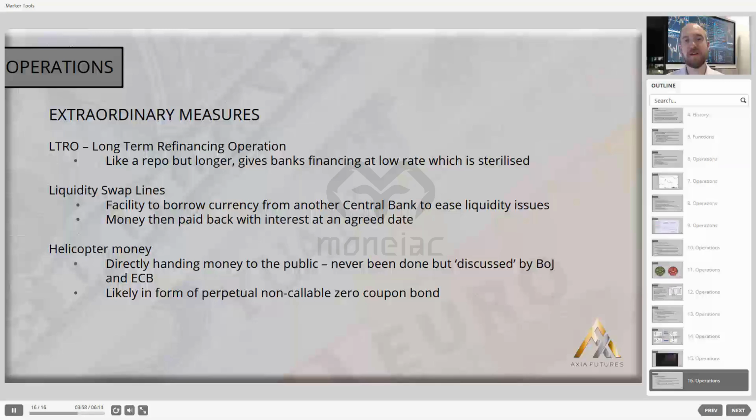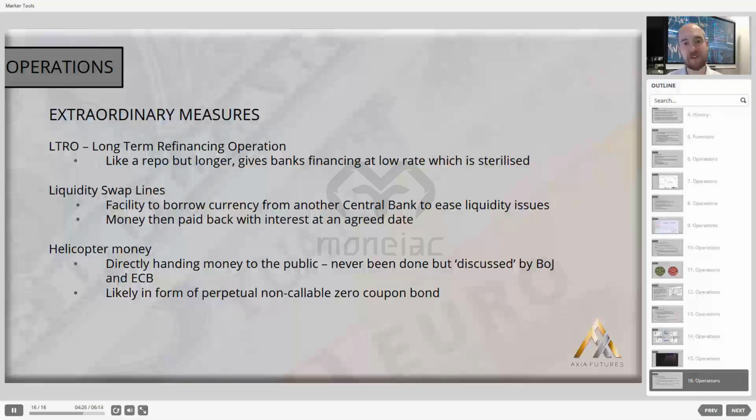So, let me explain this. Most bonds will have a maturity, i.e. a 10-year bond. This one will be perpetual, so it will not mature. It will be non-callable, meaning that the institution that creates the bond can't then call for that bond to be repaid, or the owner of the bond can't call for it to be repaid to them.